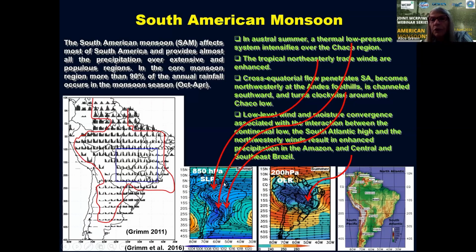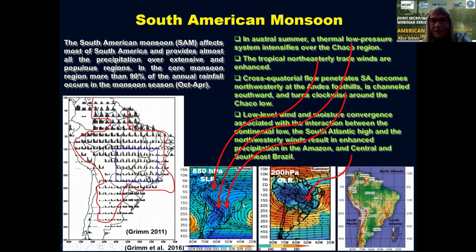This cross-equatorial flow penetrates South America, becomes northwesterly at the Andes foothills, and is channeled southward and turns then clockwise around the Chaco Low. The low-level wind and moisture convergence associated with the interaction between this continental low and the South Atlantic high, and these northwesterly winds, result in very enhanced precipitation in this region.